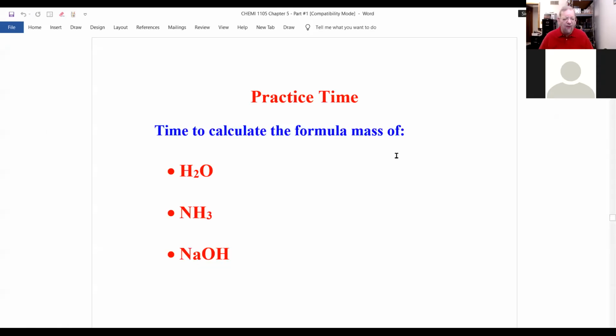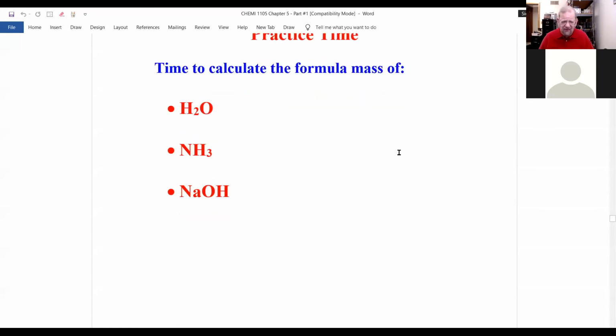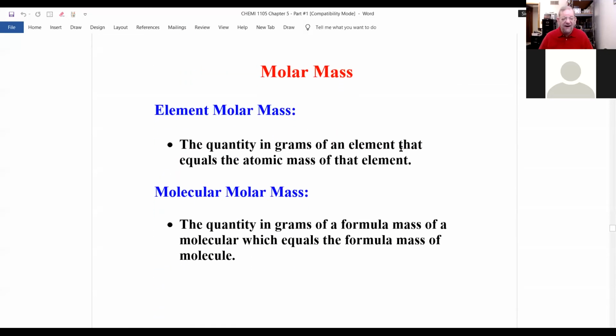Now, why do we need the molecular weight? All right, let's talk about molar mass, element molar mass and molecular molar mass, and I'll come up with a better name on the next slide.